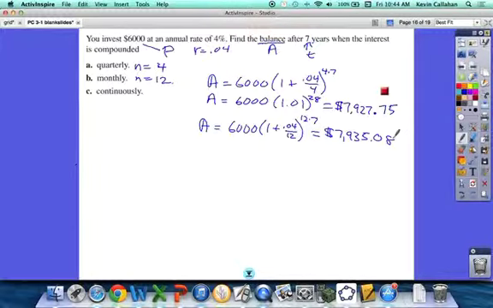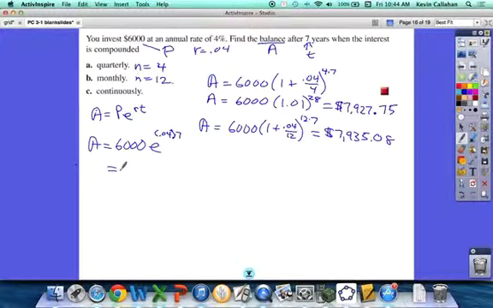Okay, now, am I going to use the same formula for the last one? No, because it's continuous compounding, we got to use the PERT formula, right? For this one, we're going to use A equals PE to the RT. A equals principal 6,000 E to the 0.04 times 7.